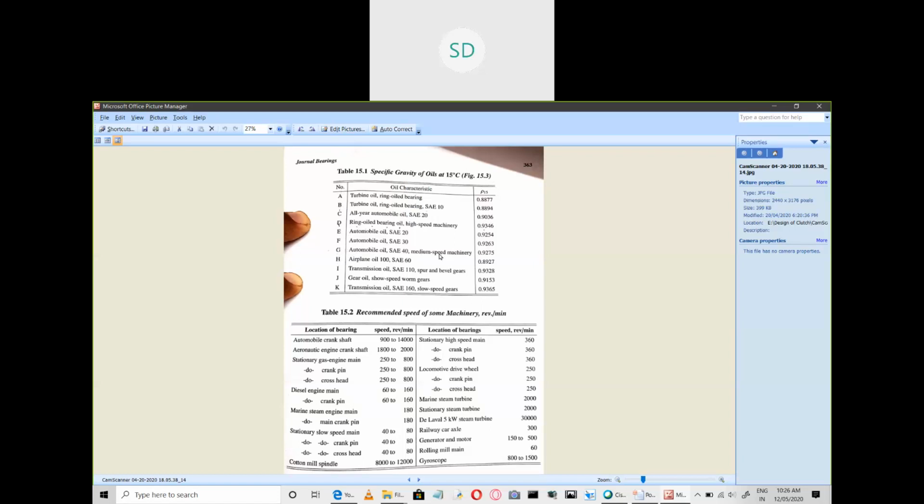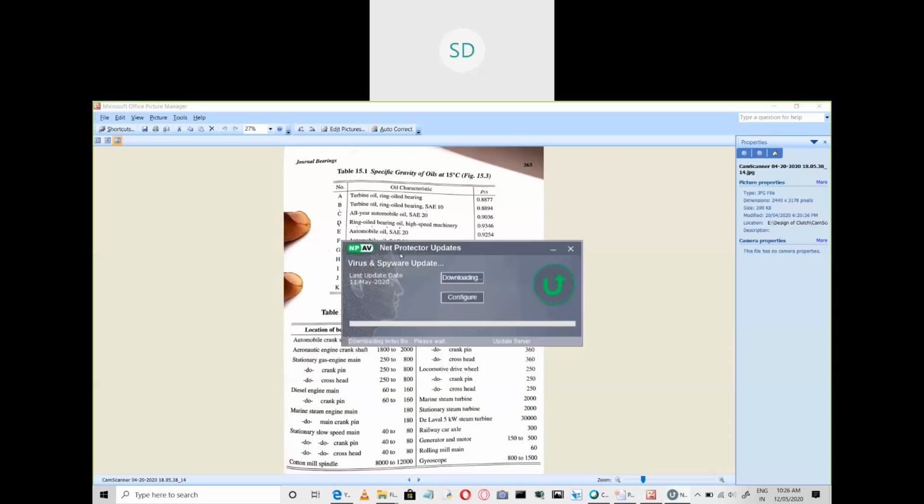Now let us assume it is subjected to medium speed. So for crankshaft, let us take a G automobile oil SAE 40 with medium speed machinery. You have noted what type of oil, it has to be G type of oil.